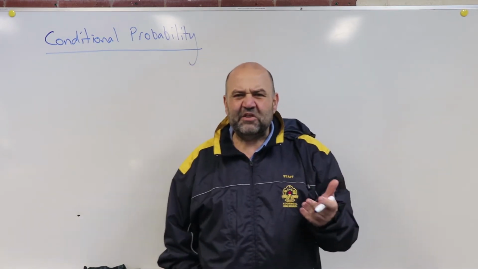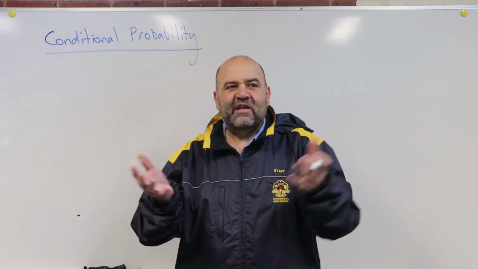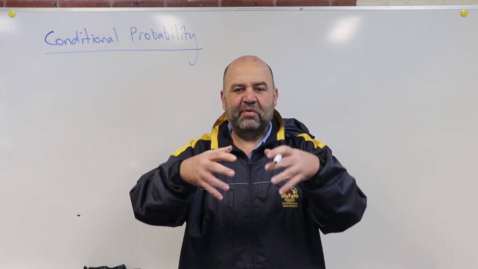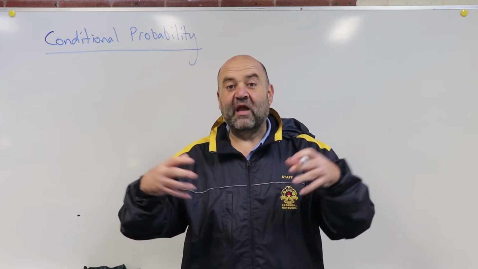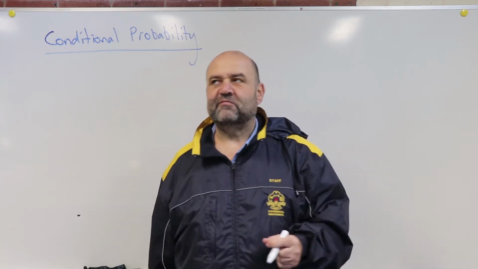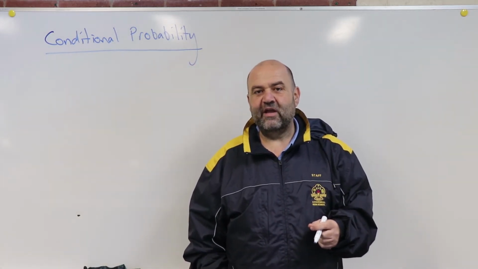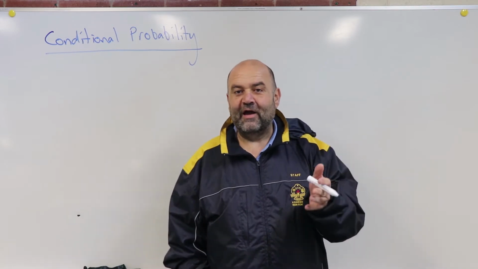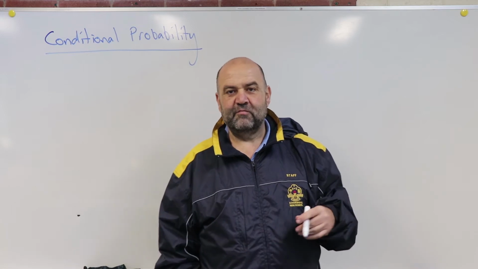So what's a conditional probability? Well, what does the word condition mean? Well, the condition is sort of something that is happening in a particular place, in a particular time, in a particular way, right? A particular condition, if you like. So I might say, look, the chances of catching, I don't know, a flu are pretty low.